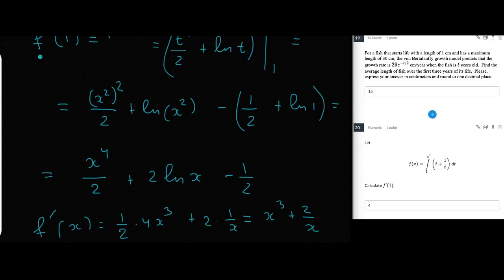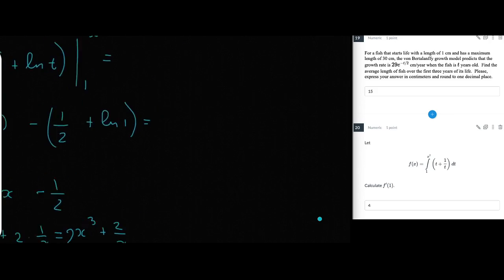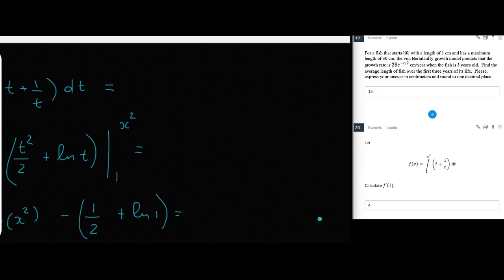And so the derivative will actually be 2x cubed plus 2 divided by x. And then when we substitute here x equals 1, we're going to get 2 times 1 cubed plus 2 over 1. And that's going to be 4. And that's our answer.